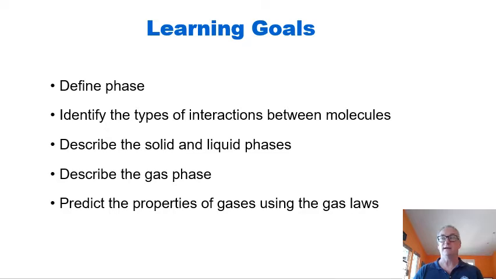We'll see that molecules in gases move really quickly, and they don't really have much interaction with each other, while molecules in the liquid phase have much more interactions between each other and don't move nearly as quickly.